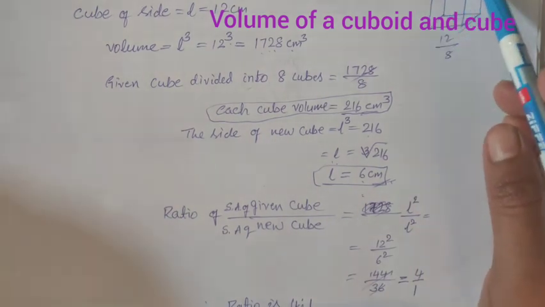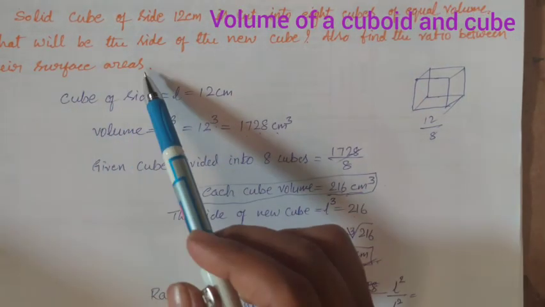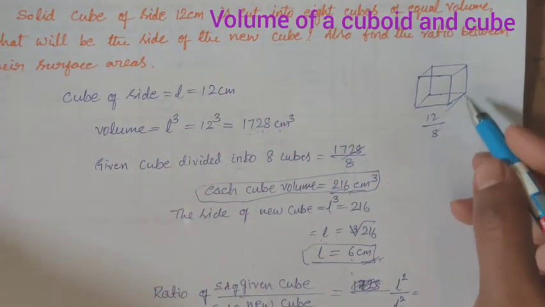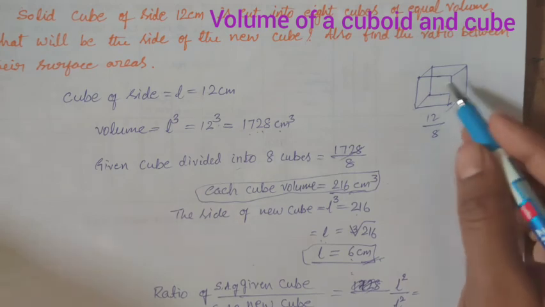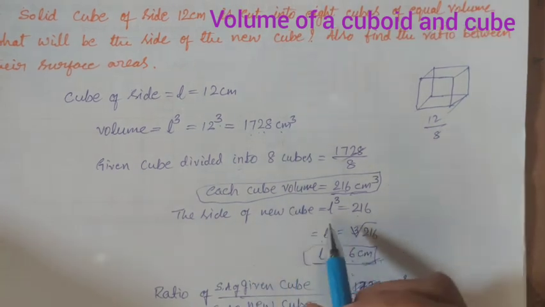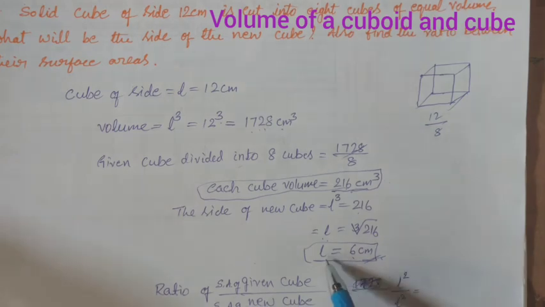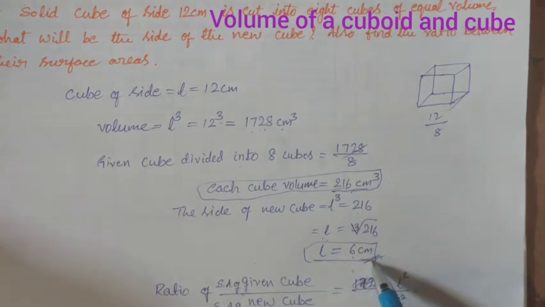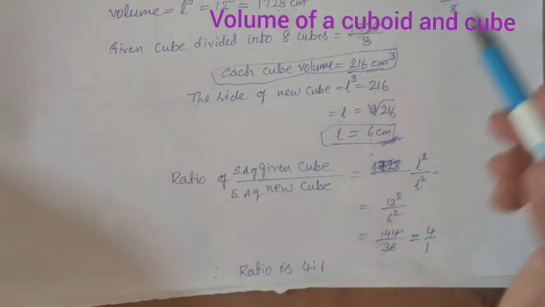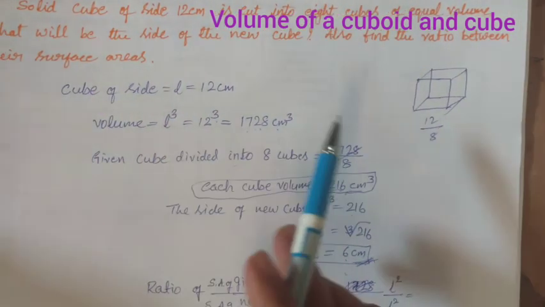And also find the ratio between their surface areas. After dividing the given cube we get 8 cubes, each new cube volume is 216 and the new cube side is 6 centimeter. Now we can find the ratio between their surface areas, not volume.